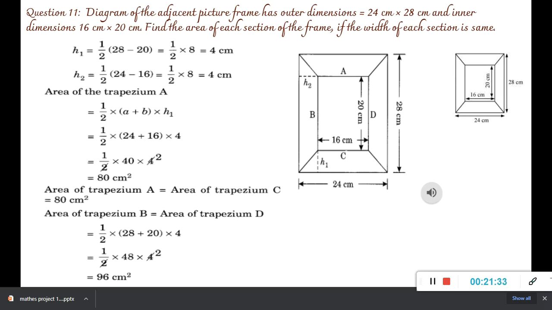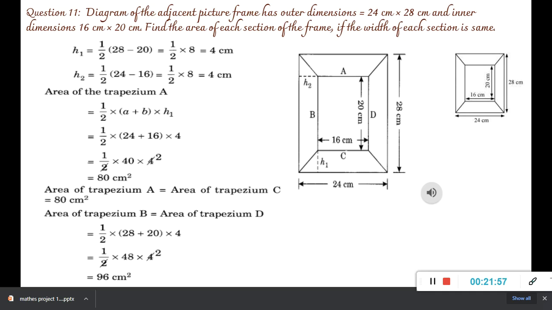Now we can find the area of trapezium A, that is half into (A plus B) into h1. So half into (24 plus 16) into 4. 2 into 4, 2 times 24 plus 16, that is 40, 40 into 2 is equal to 80 centimeters square. So sections A and C both have an area of 80 centimeters square.